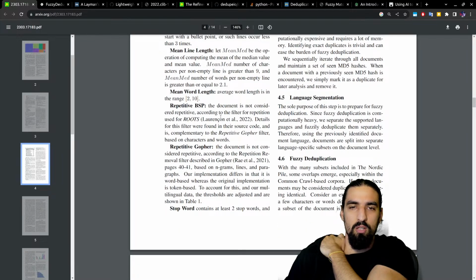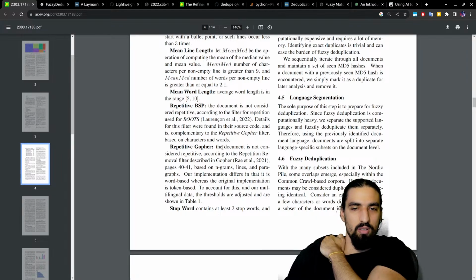Repetitive BSP. The document is not considered repetitive according to the filter for repetition used for Roots. Details for this filter were found in their source code and it is complementary to the repetitive Gopher filter based on characters and words.